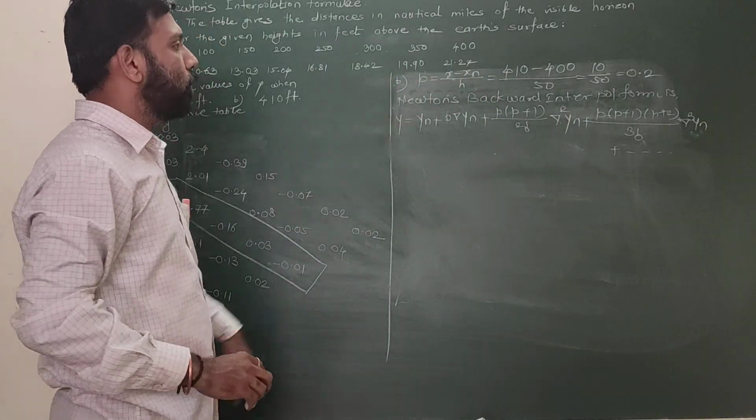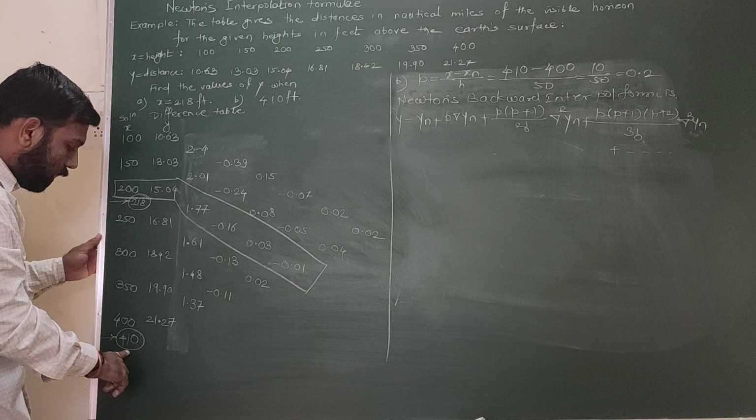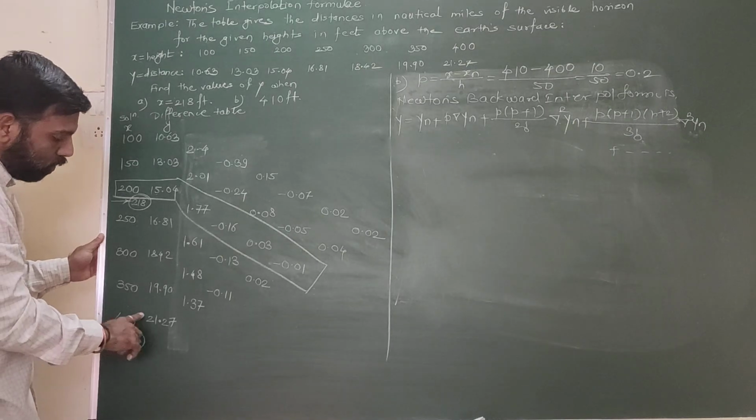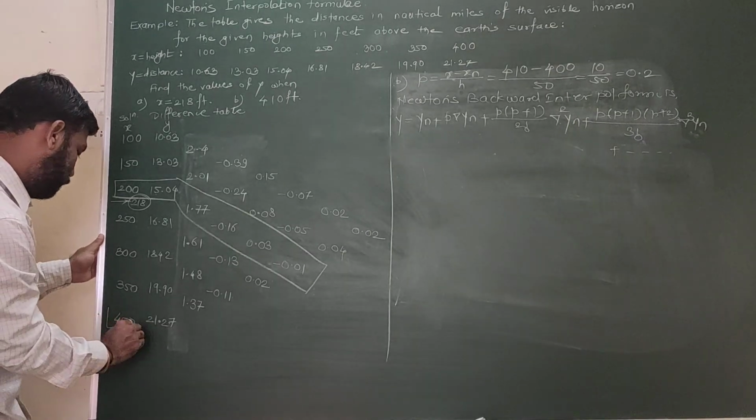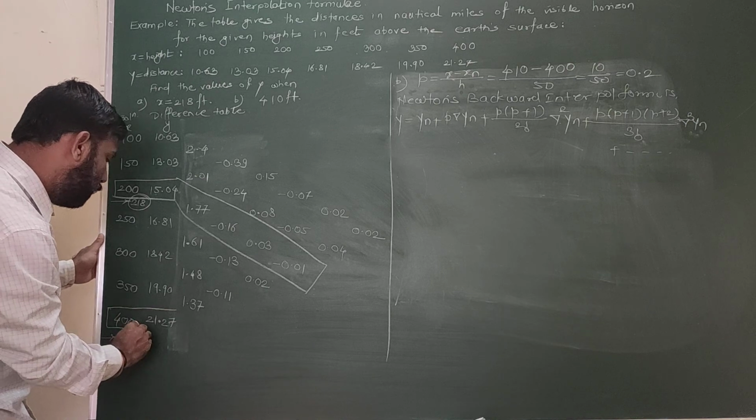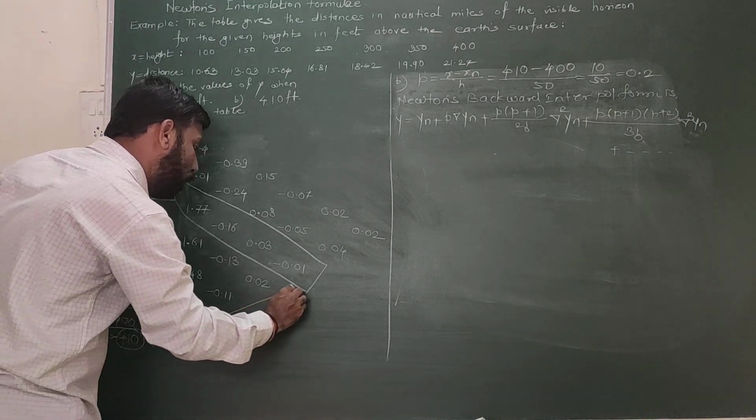So this is backward interpolation. Now in this case, this is our xn value, so this becomes yn. So these values we will consider in the backward interpolation formula.